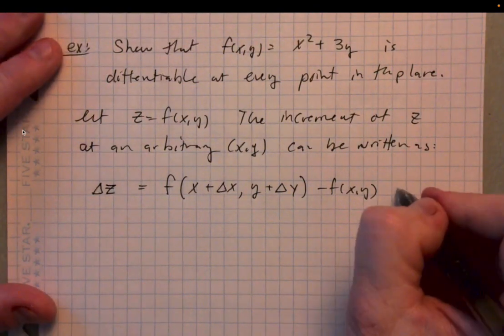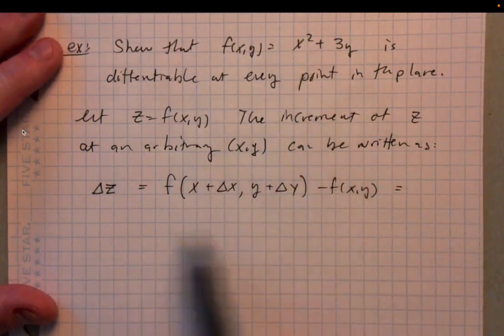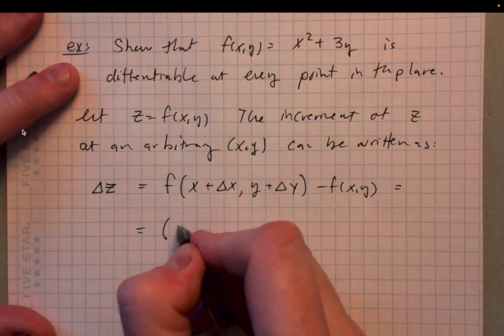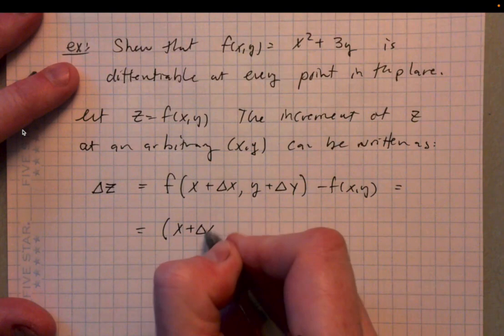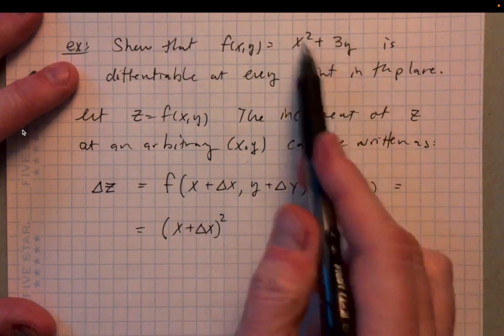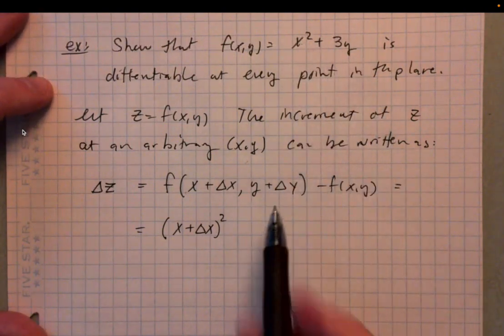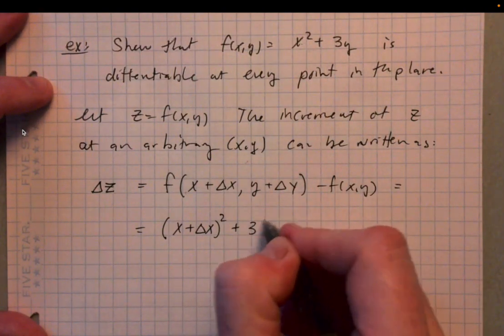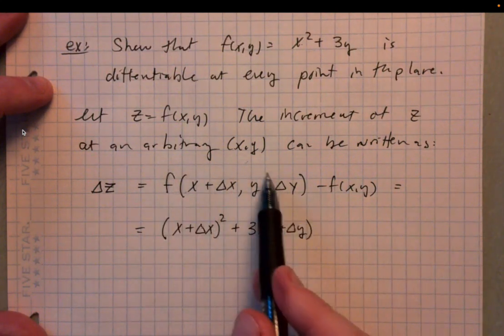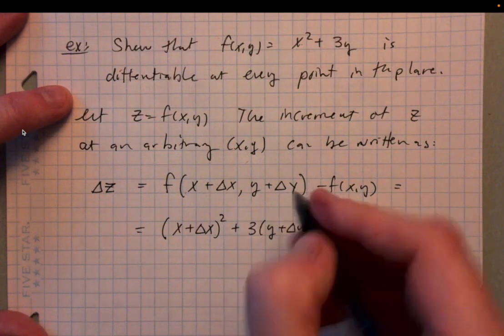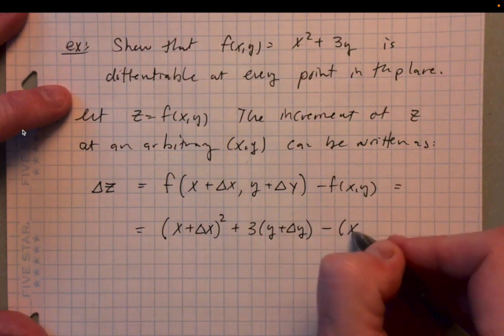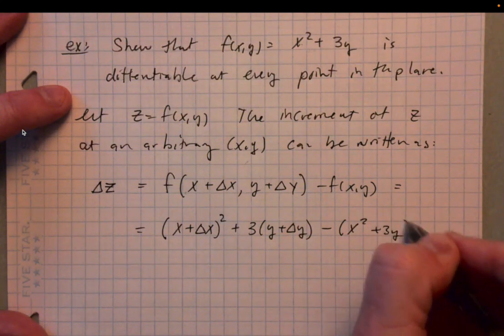Okay, and we can just expand this. Let's plug the function into this expression and then expand it. So this would be x plus delta x squared, taking x plus delta x and plugging it into this function everywhere you see x, plus 3 times y plus delta y. That's this piece, and then minus the function itself evaluated at x and y, so minus x squared plus 3y.